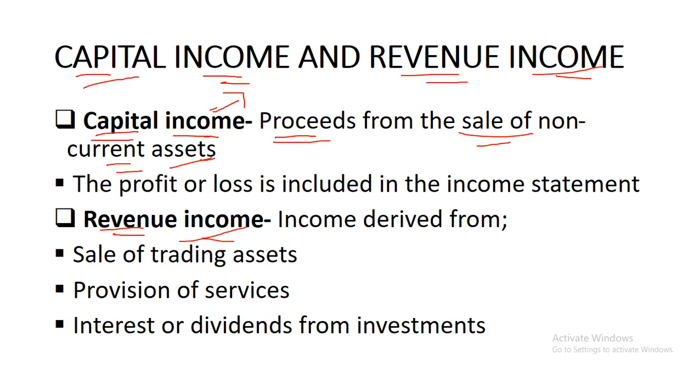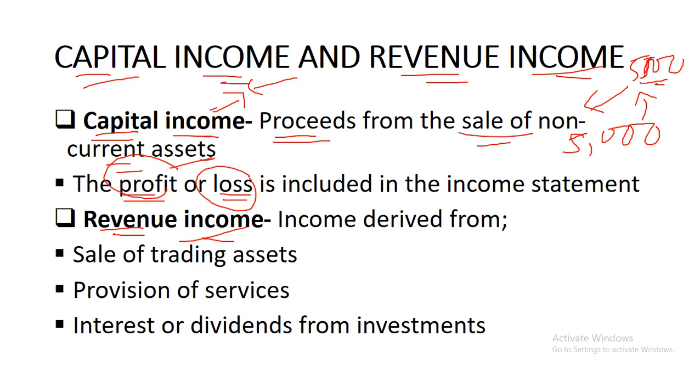Then capital income relates to the sale of a non-current asset. So that's the capital income. So now, the only amount that's recognized in the income statement or statement of profit or loss is the profit or loss from the sale of a non-current asset. So let's say the net book value of an asset is 5,000, and then we sell it for 5,500.